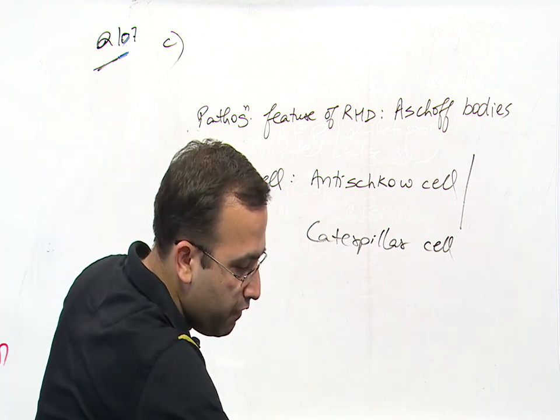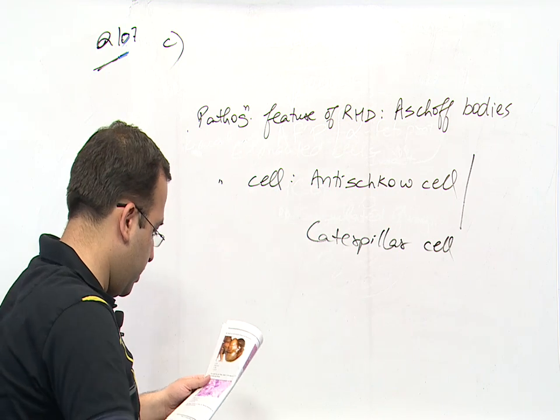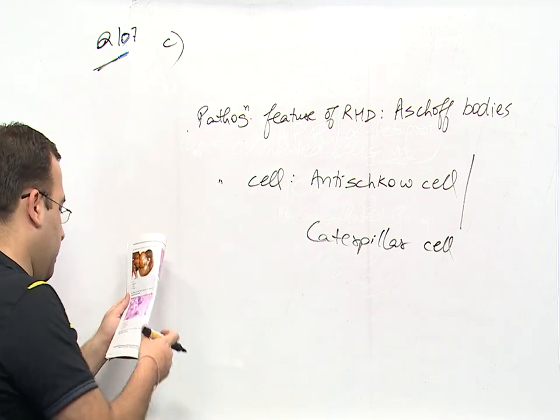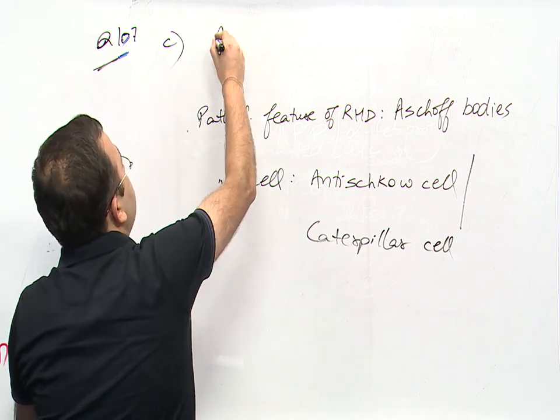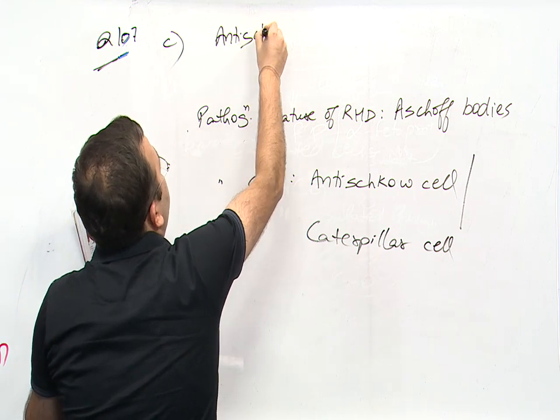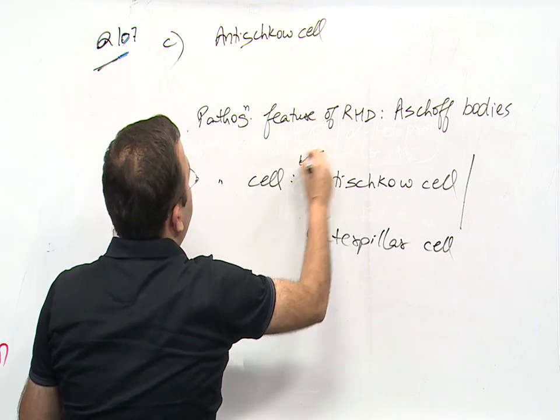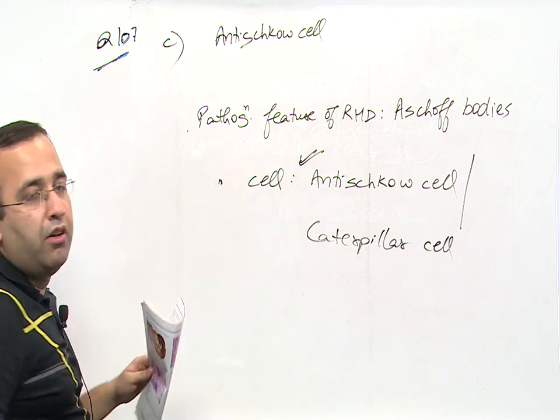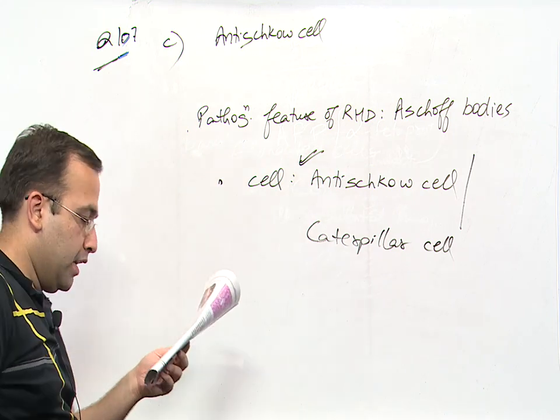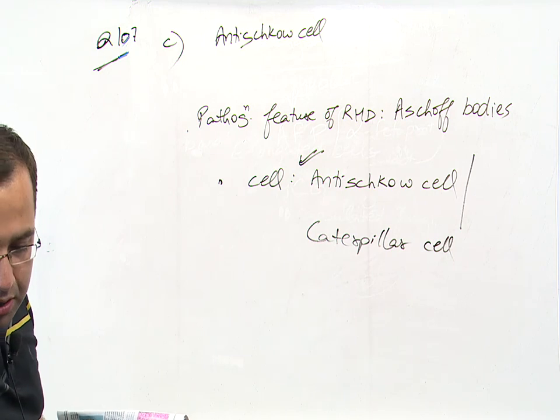So what you have in the microscopy is answer C, that is Anitschkow cell. It is the pathognomonic cell of RHD, with a caterpillar-like nucleus.